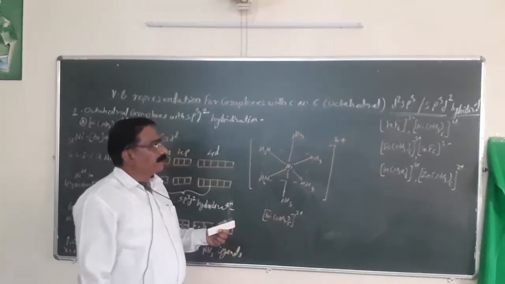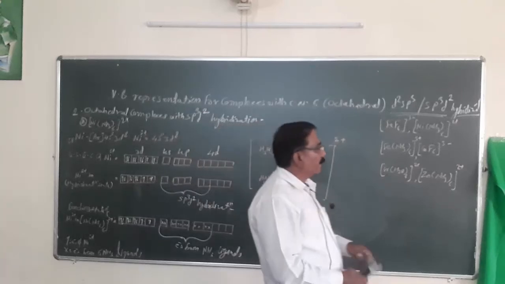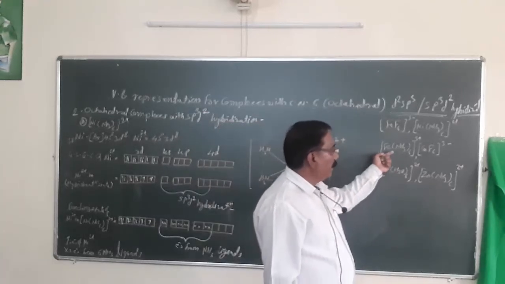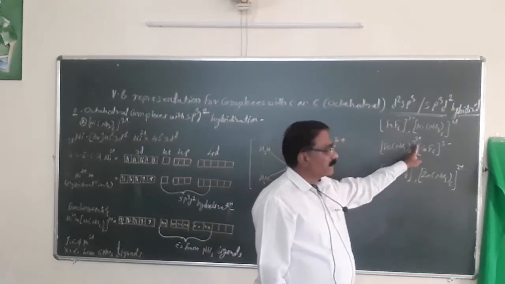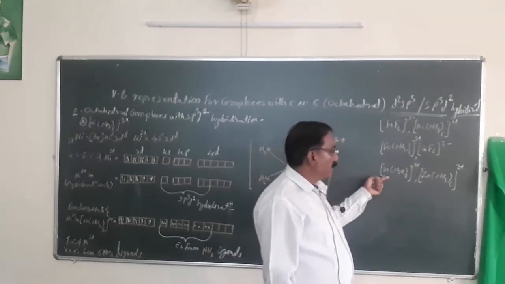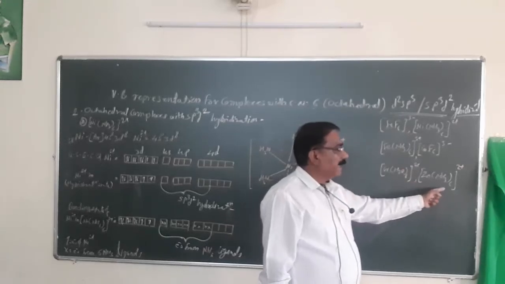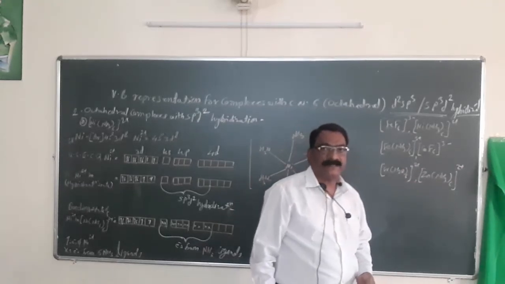For this hybridization, that is sp3d2, there are other examples of octahedral complexes. See, Fe(NH3)6 2 plus, CoF6 3 minus, Cr(H2O)6 2 plus, and Zn(NH3)6 2 plus.